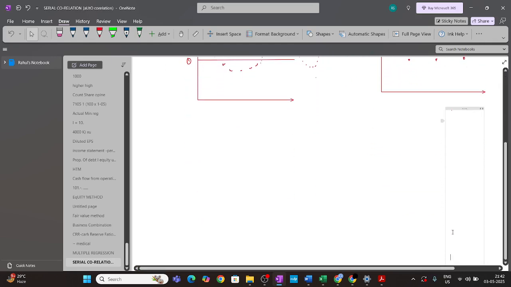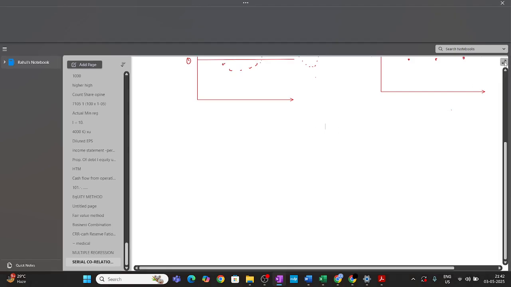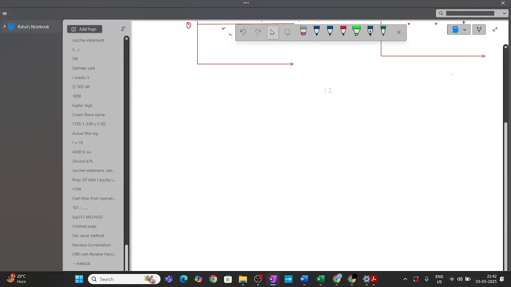Now problems caused by your serial correlation. Again, the main problem is that regression model is missing something. So problems caused. Now we need to bifurcate those problems under two heads.